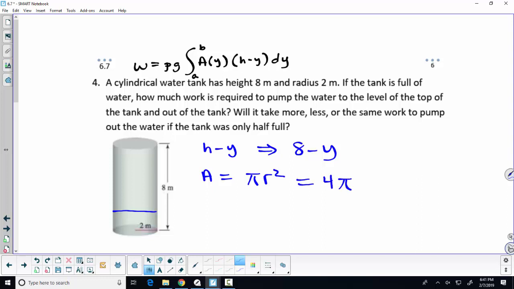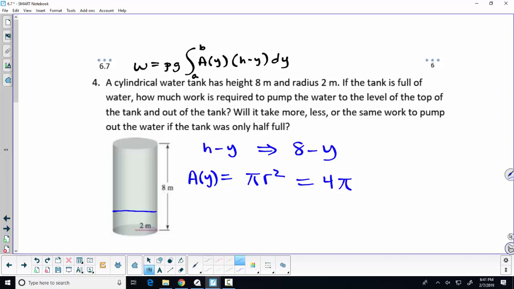This one's not too involved. The area of all cross sections is 4 pi. Oh, so that's our A of y? That's your A of y. That's our area function in terms of y. It's just a constant. So that's really all you need in that formula.